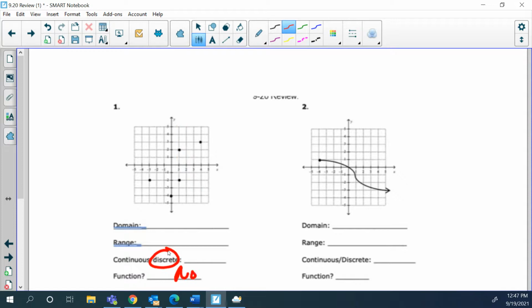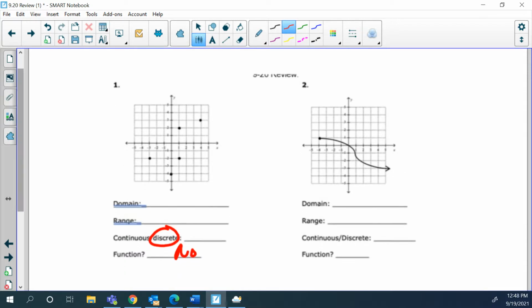All right. Okay, let's look at domain now. So remember, domain, we're dealing with x values. I want to find the x coordinate for each point. And I'm going to start at the leftmost point. And so the first point on the left side is going to be this one. I go up to the x-axis, that is -3.